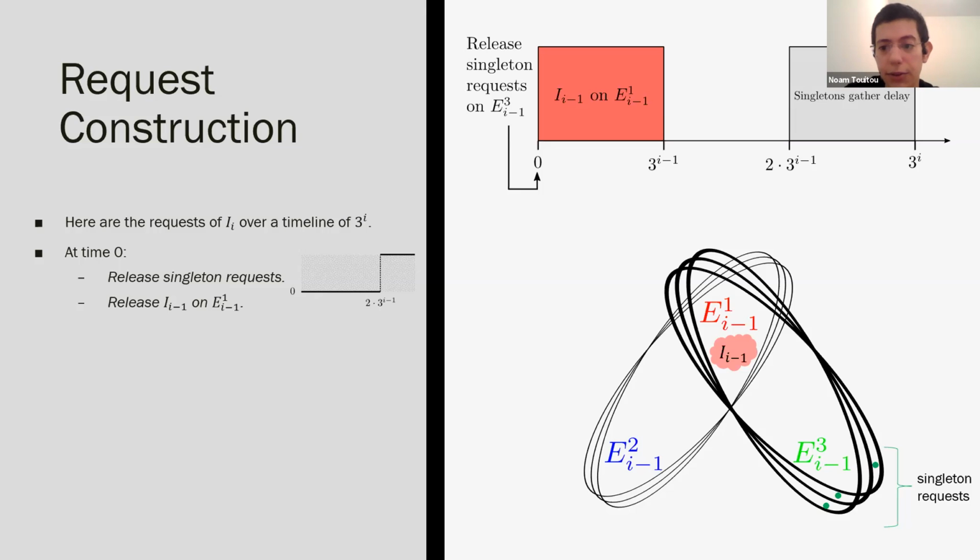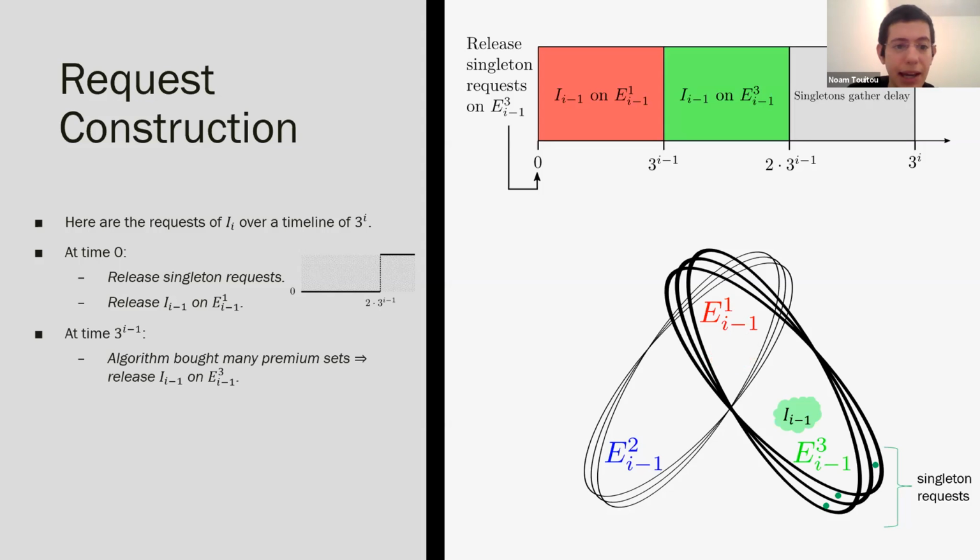And it can do one of 2 things. It can either use a lot of the premium copies of sets when serving the I_{i-1}. These copies contain many of the green elements, or it can avoid using these sets and instead use many regular copies of sets, which contain the blue elements.